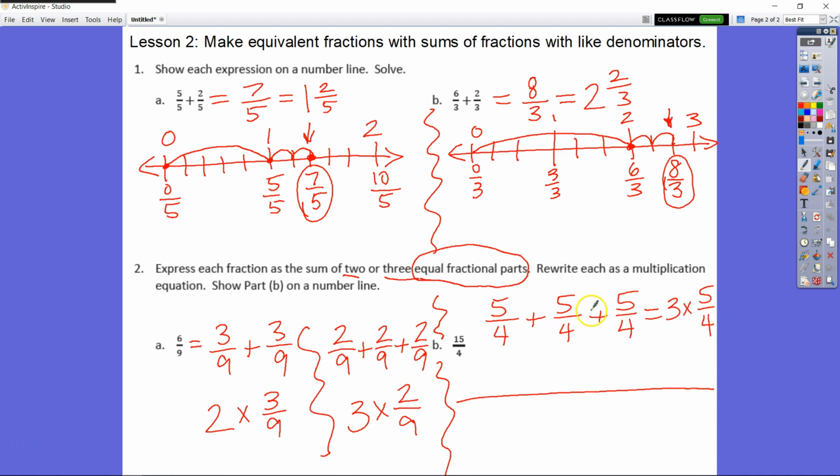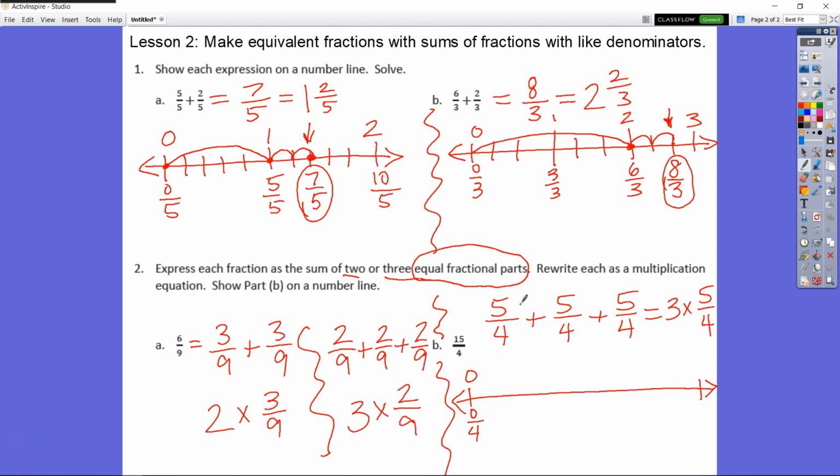So we know that if we have 15/4, well, 4/4 would be 1 whole, and we know we have way more than 4/4. So let's take a look. That's going to be my 0. Let's do some quick division. 15 divided by 4. So skip count by 4s until we get as close to 15 as possible without going over.